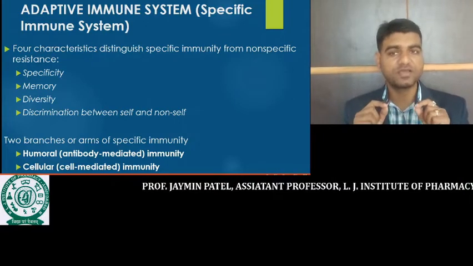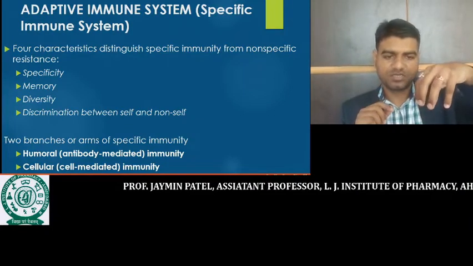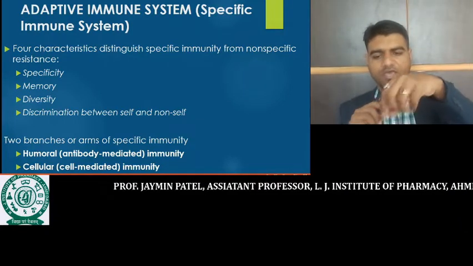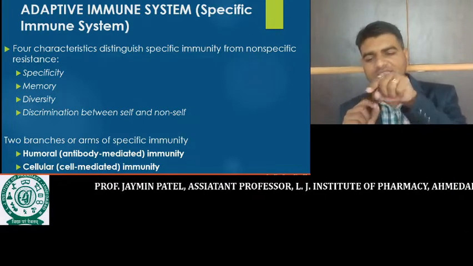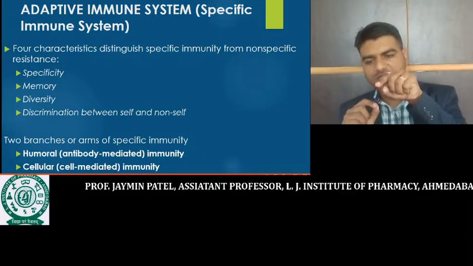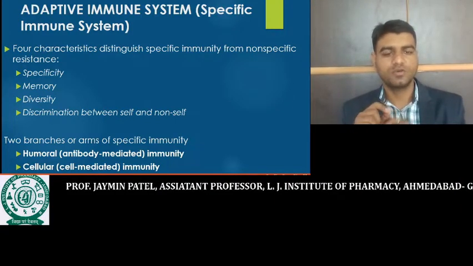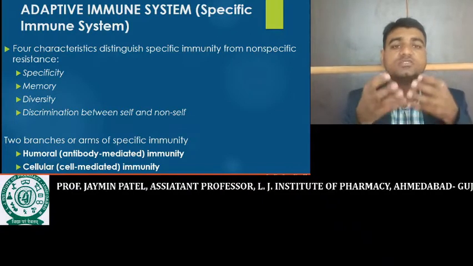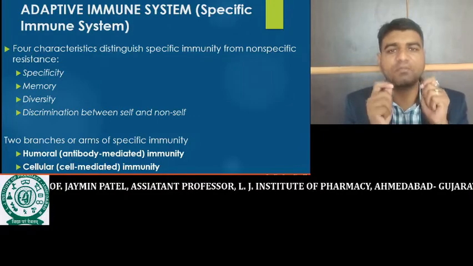The adaptive immune system is activated for a particular bacterium, so it is not effective over other bacteria. For other bacteria it will generate other immune power. So it is specific for the specific bacterium.